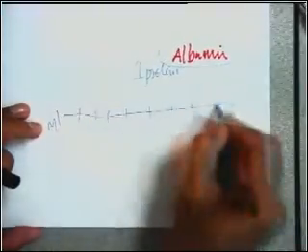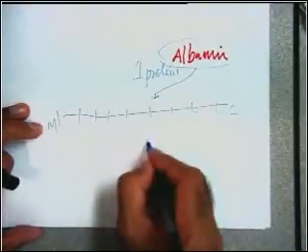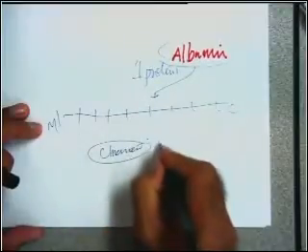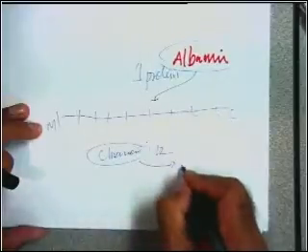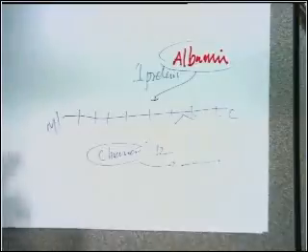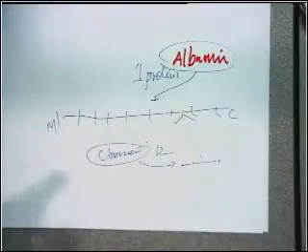You have the amino acid sequence, and this is called albumin. And this albumin is coded by a chromosome, for example chromosome 12, and that region is there. So this particular region of chromosome 12 will code for albumin. Period. Over. Chapter closed. One gene, one protein, over.